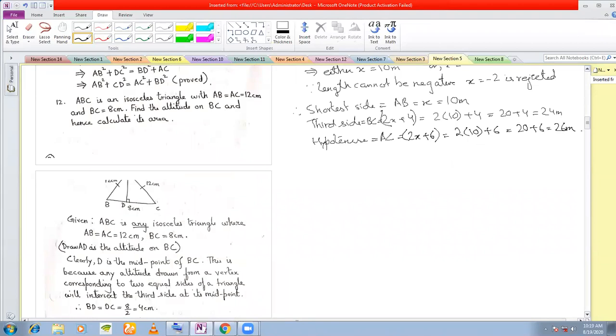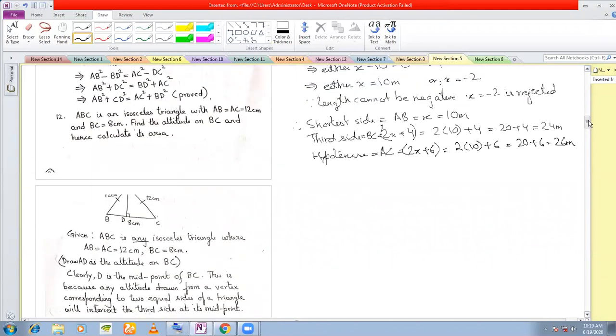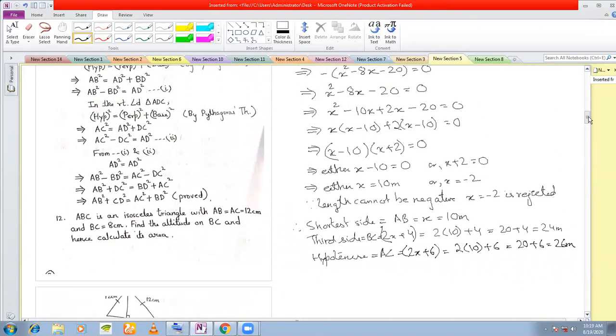So this is your solution to the third problem. Any questions here?